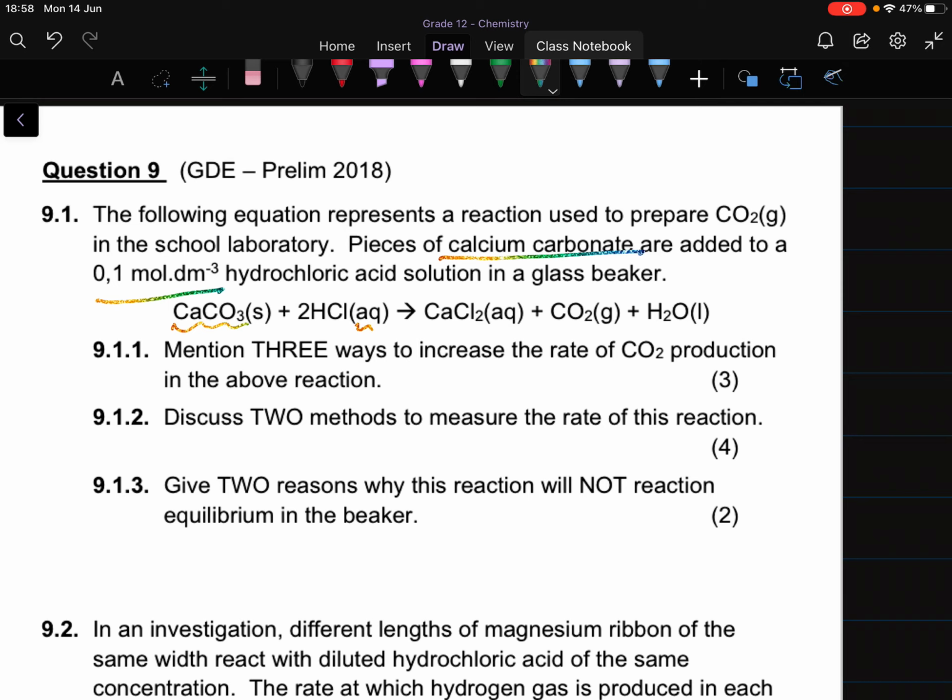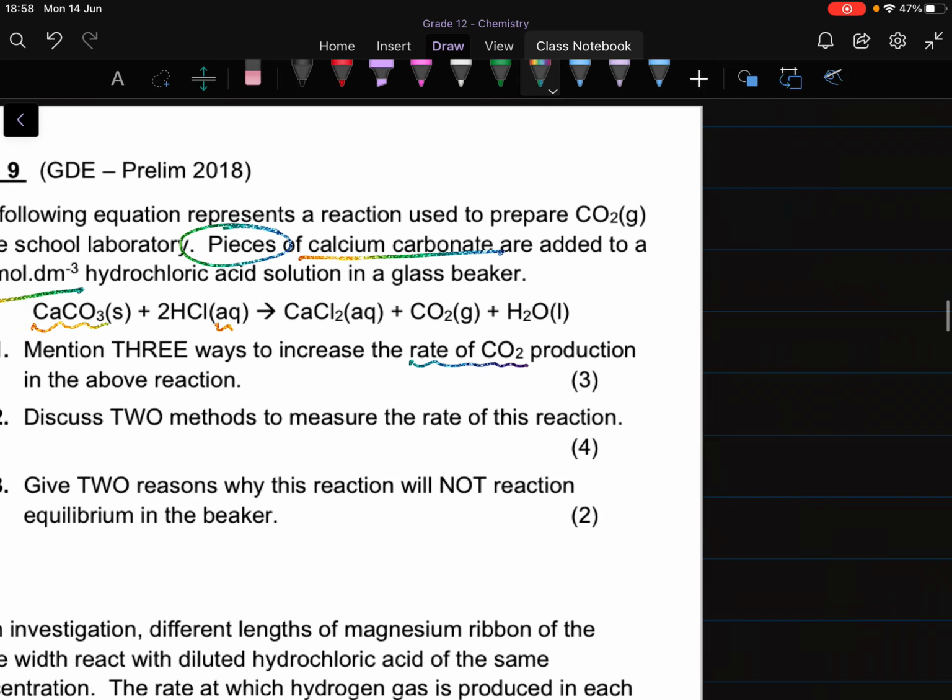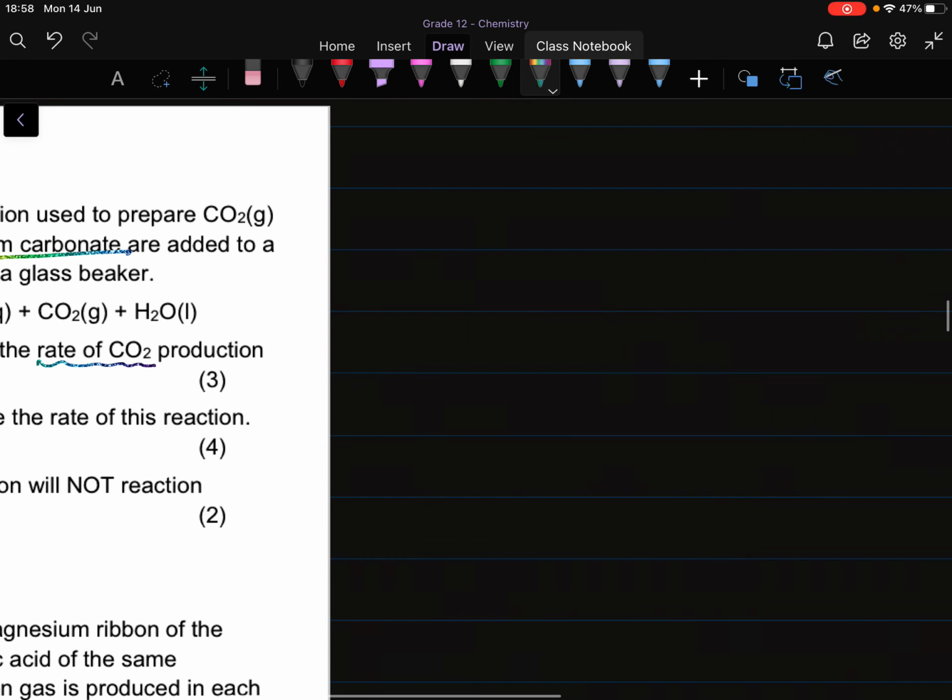So we're dealing with rates of reaction. And then they say mention 3 ways to increase the rate of the CO2 production. You need to be very, very specific. So start at the beginning. We've got calcium carbonate as a solid, and they use pieces of calcium carbonate.